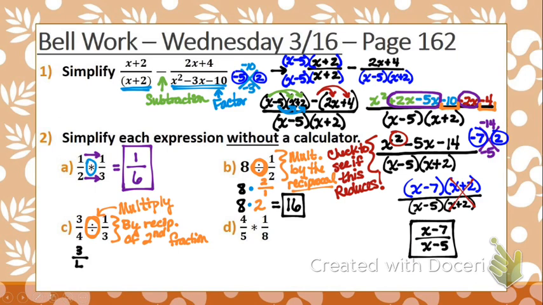So 3 over 4. Change this to be multiplication, and what will my reciprocal be then? 3 over 1, AKA 3. I'm going to leave this one as a fraction, though. The last time I simplified it to be a whole number, but because my first number is a fraction, I'm going to leave this one as a fraction so that it's easier for me to multiply straight across.